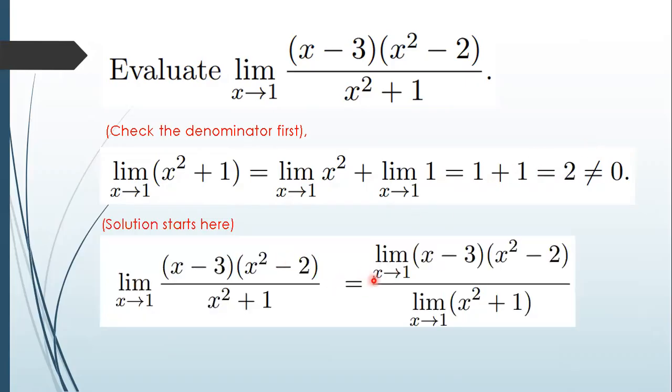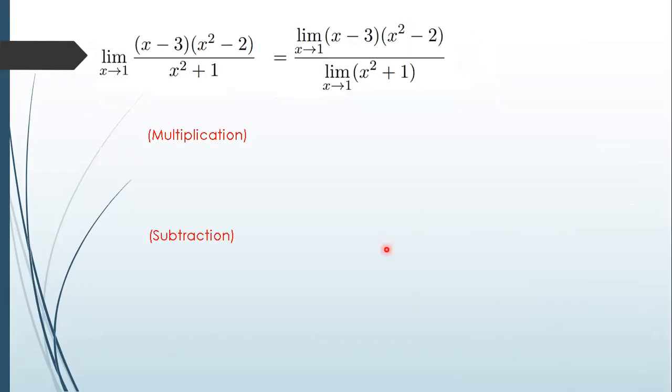Solution starts here, guys, and that's applying division first because it's a rational function. So the limit of the quantity x minus 3 times the quantity x squared minus 2 as x approaches 1, all over the limit of x squared plus 1 as x approaches 1.